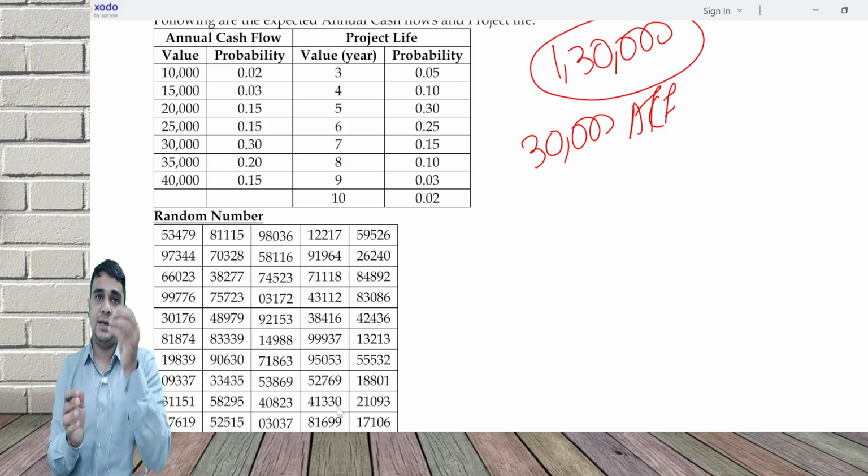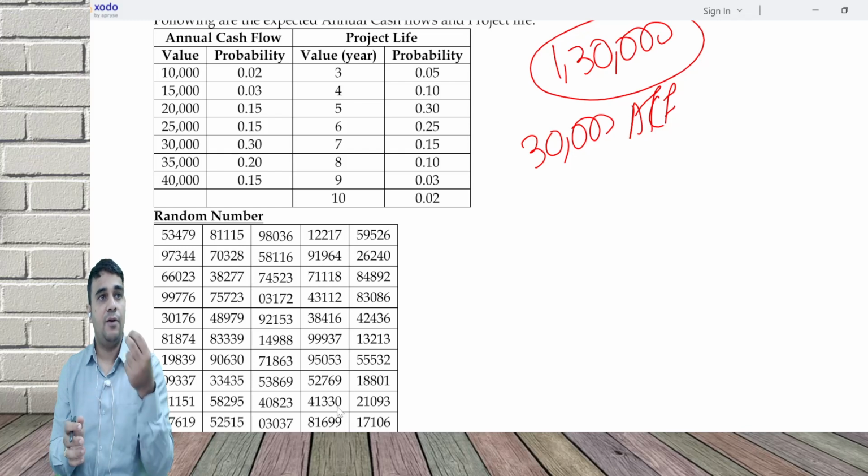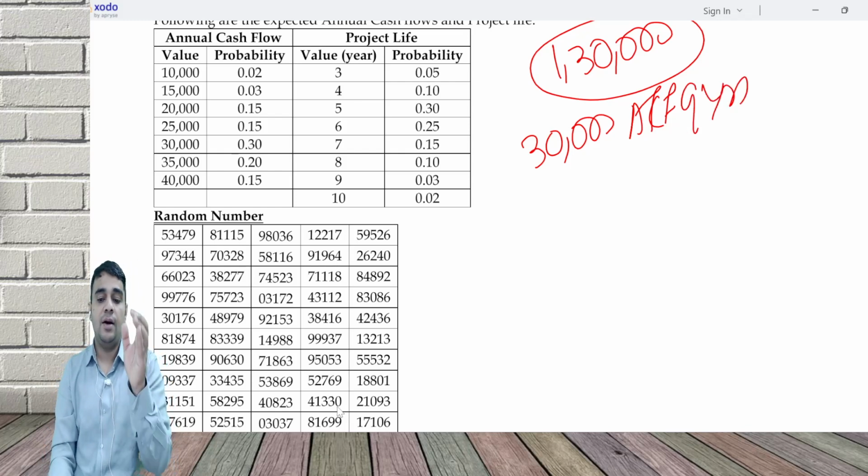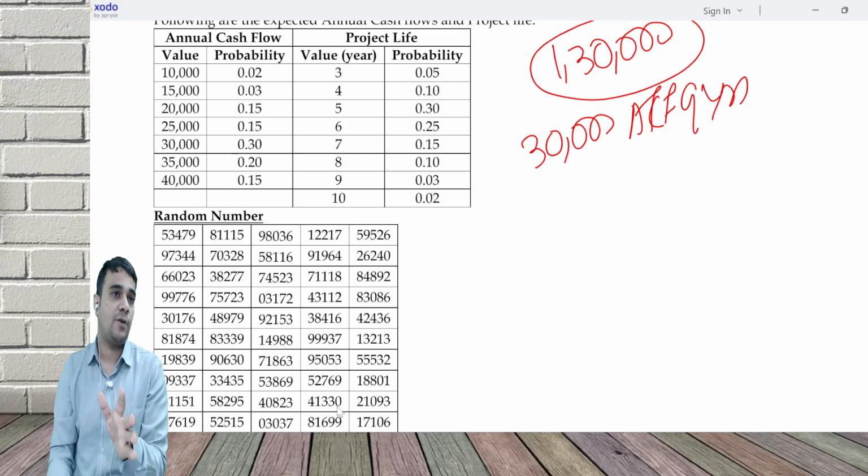Again I'm repeating, I need two numbers, one for the cash flow, second for the life. For cash flow I said 53, for life I am saying 97. This is one experiment. 30,000 into the annuity factor for 9 years minus the cost of project.